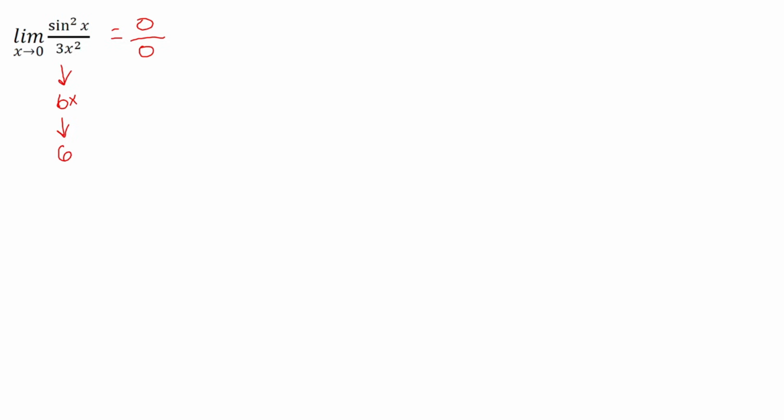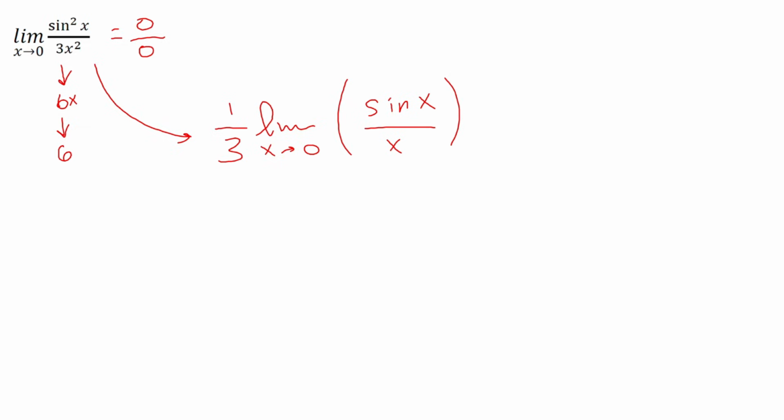So I think if you have to do L'Hopital's rule more than once with the kind of basic trig functions, I would suggest just doing what we did in the first unit, which is pulling the constant of that 1/3 out. Then you can rewrite it as just sine of x over x being squared.